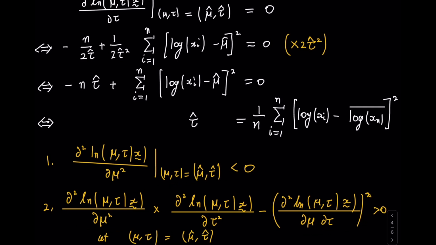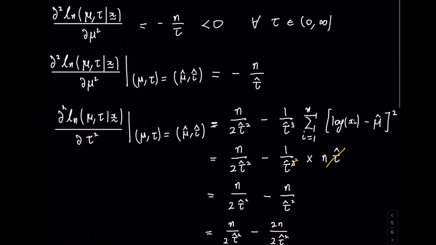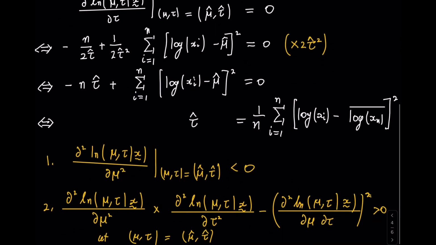And it follows that our maximum likelihood estimators, which we've had before, for mu, if you recall, mu hat was by definition the average log of all our data, and our tau hat, or in fact we can now go back to our sigma squared hat, is by definition the maximum likelihood estimate we came up with before, which is this expression here.